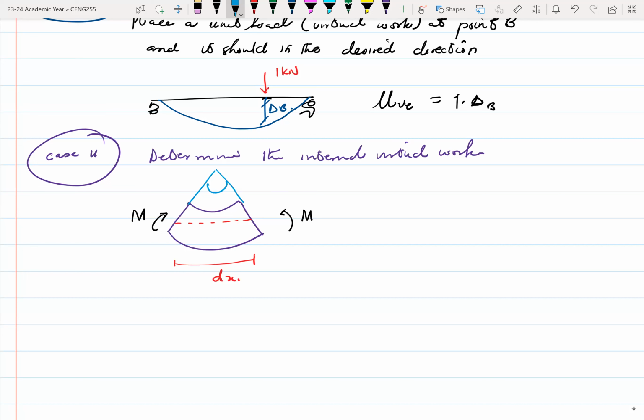Let's call this angle theta. So this is theta, and then we have the element dx. We have already established that theta is equal to M over EI dx, where this M here is a real internal moment coming from the real load.